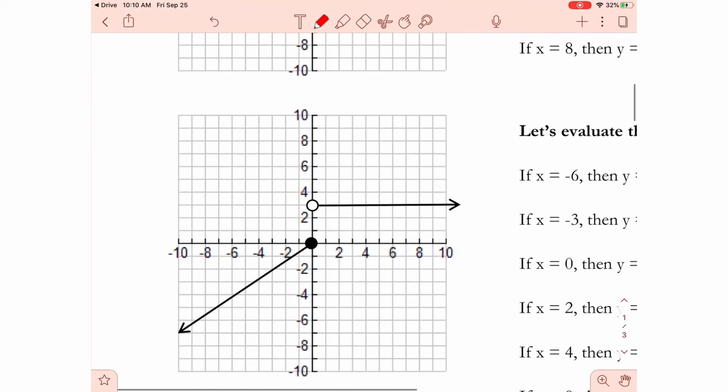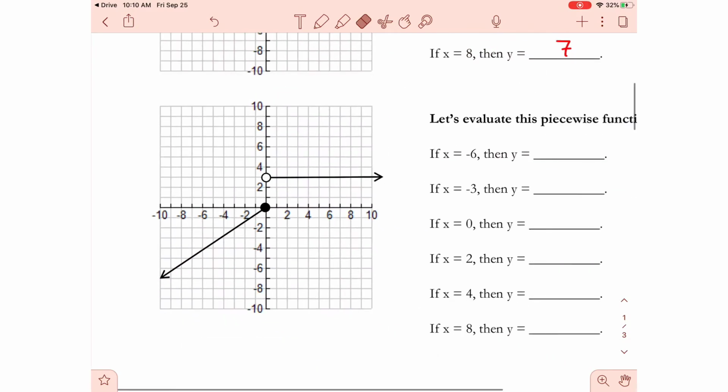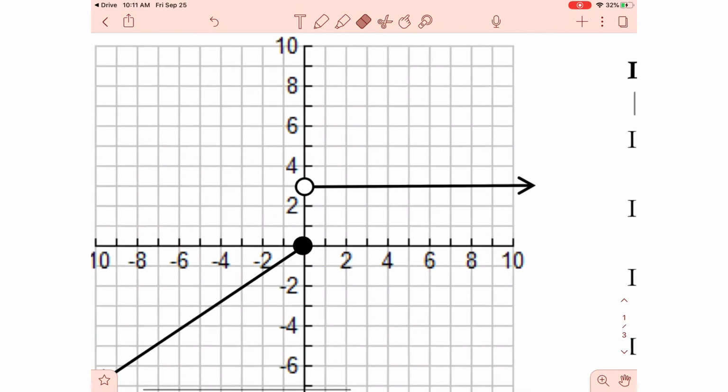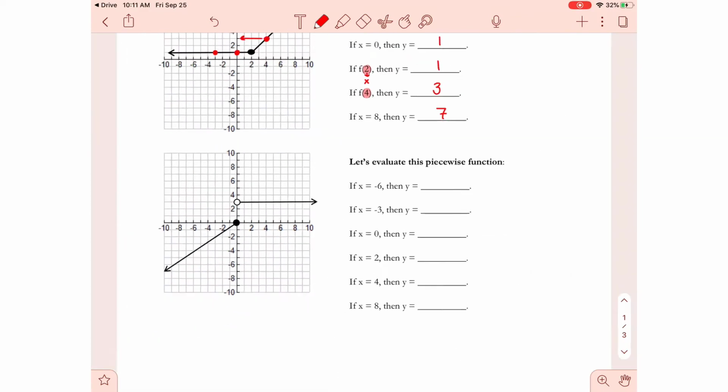This is disconnected. And so the graph kind of goes like this. It's going up, up, up, up, up, and then it jumps up here and goes just horizontally, okay? And that's okay. That's allowed to happen with piecewise functions, but it's going to get a little confusing when we have to evaluate right around here. So it's not bad at all. Let's give it a try. If x equals -6, then what's y?